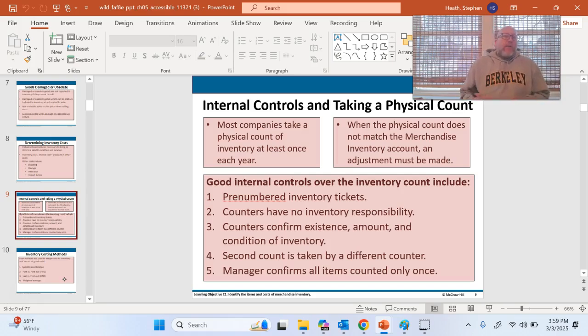If you go into a Walgreens or any type of pharmacy, or even Home Depot these days, a lot of these companies will have their inventory literally locked up. That is a form of internal control. We're preventing consumers from coming into our place of business and outright stealing from us. That's an extreme example.